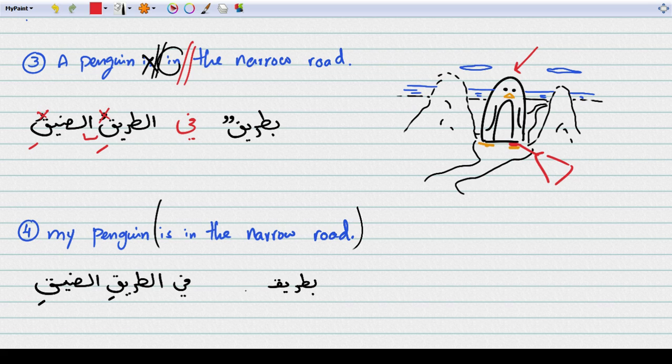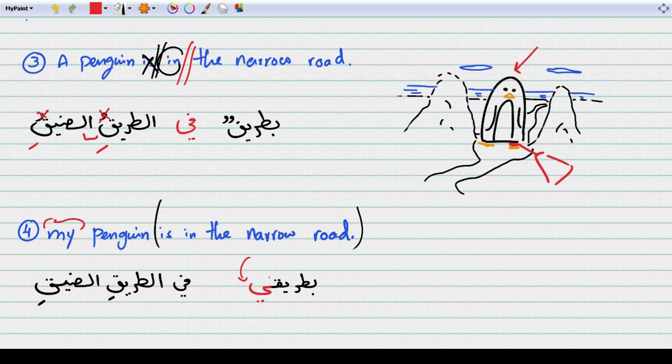And then I will translate penguin, which is بطريق, and then add what is equivalent to my in Arabic, and that's this pronoun. In English, you use what's called a possessive adjective, but in Arabic, we use a pronoun, and we call it an attached pronoun because it comes as a suffix at the end. Like for example my, his, her, we have the same thing in Arabic.